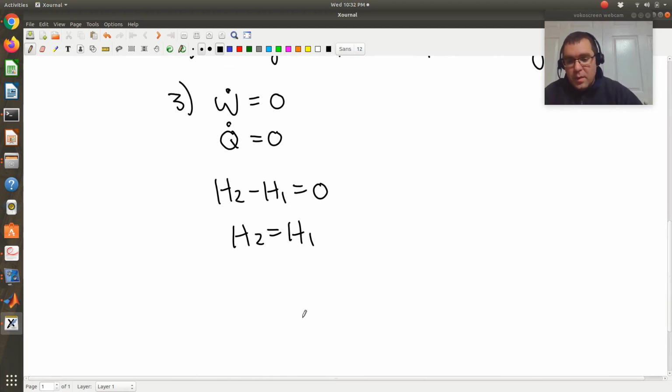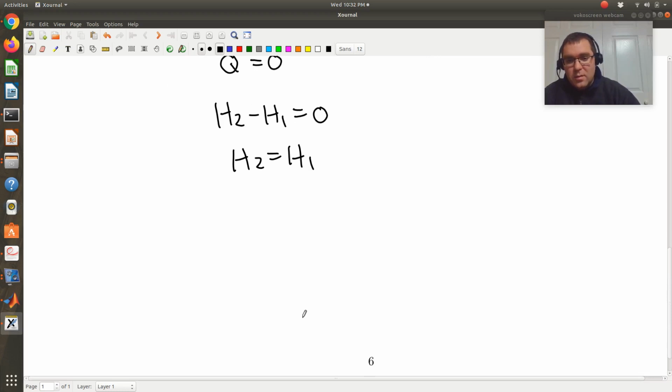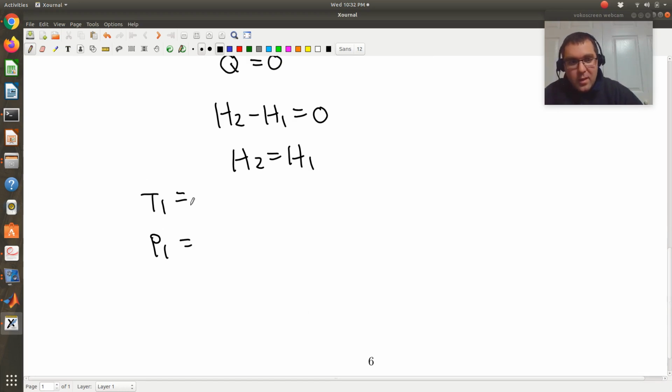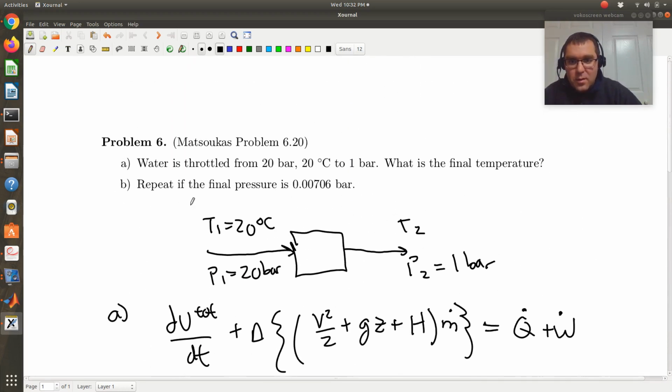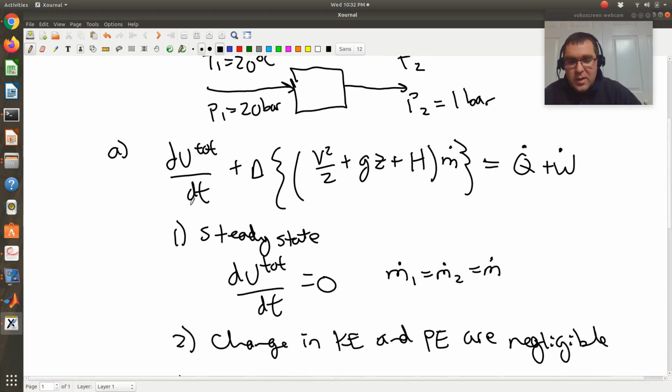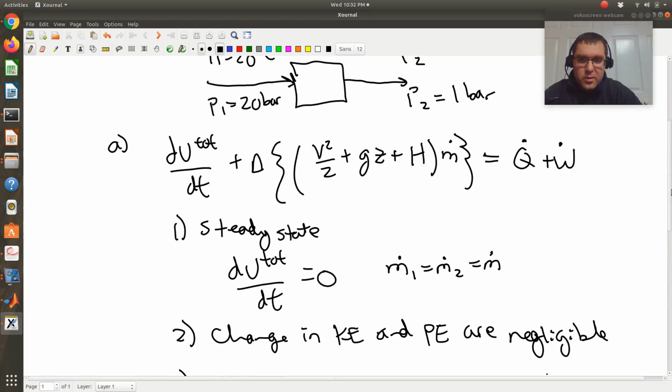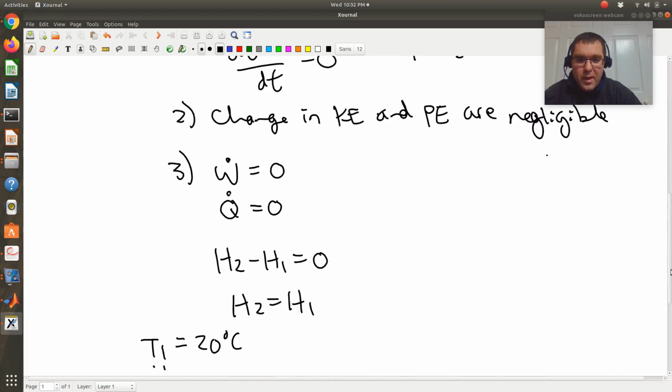So, let's collect some thermodynamic properties. Again, my inlet is at 20 degrees C and 20 bar, and my exit's at 1 bar.